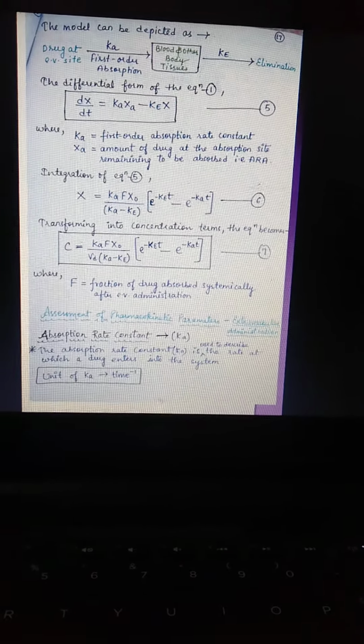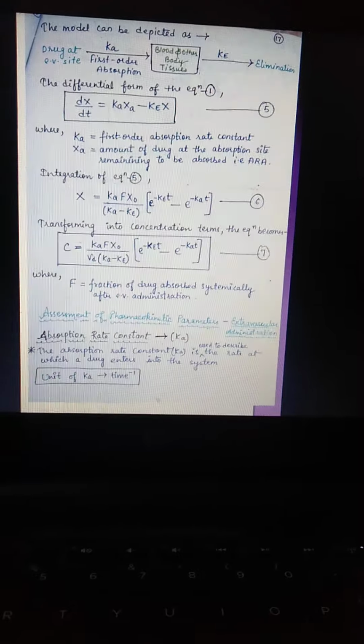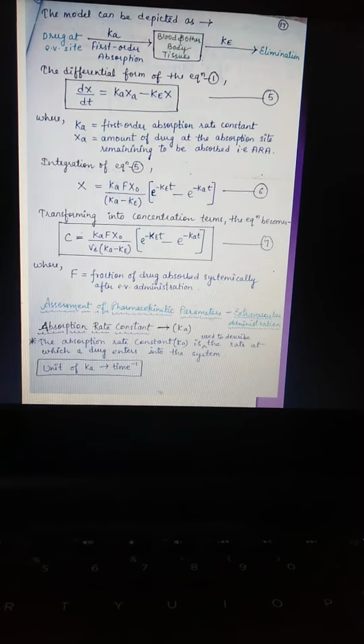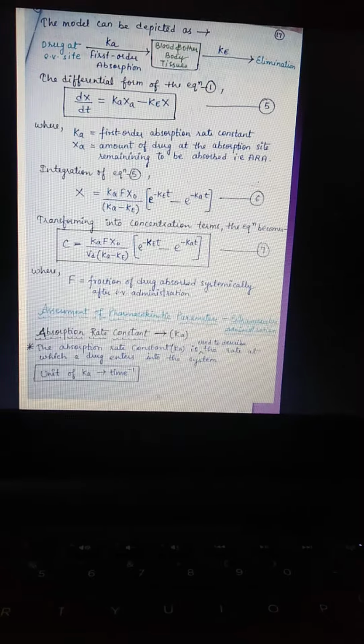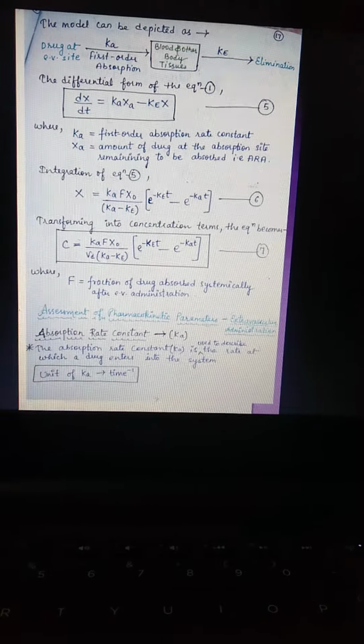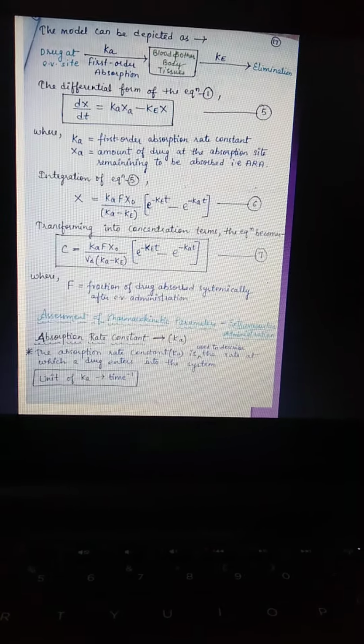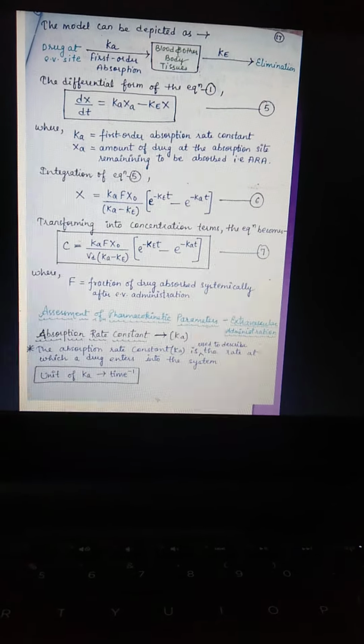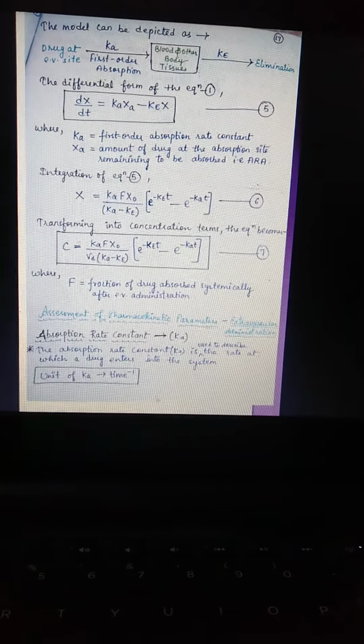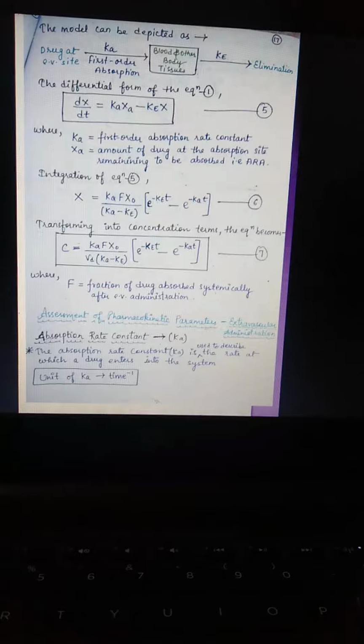So we have to assess the following parameters, that is Cmax and Tmax. Cmax is the maximum concentration and Tmax is the time at which the concentration of the drug is maximum in the plasma. At a peak plasma concentration, the rate of absorption is equal to the rate of elimination, so KaXa is equal to KeX, and the rate of change in the plasma drug concentration, dC/dt, will become 0.